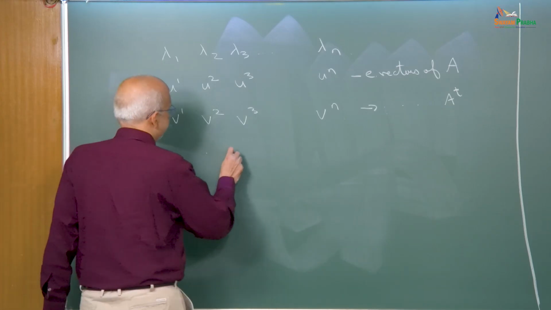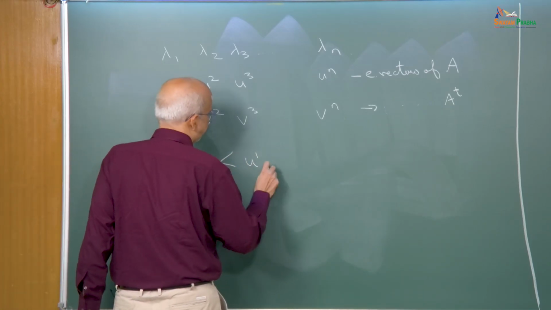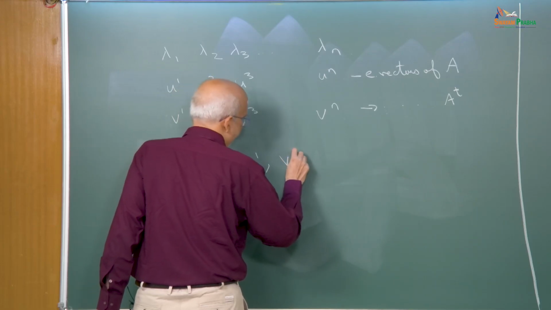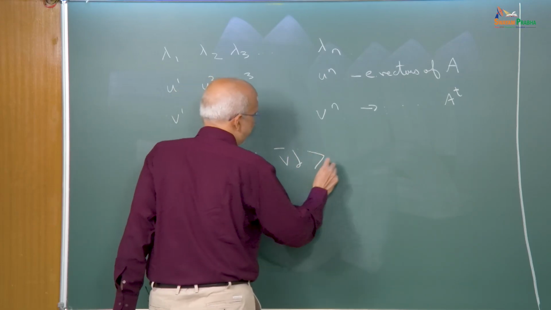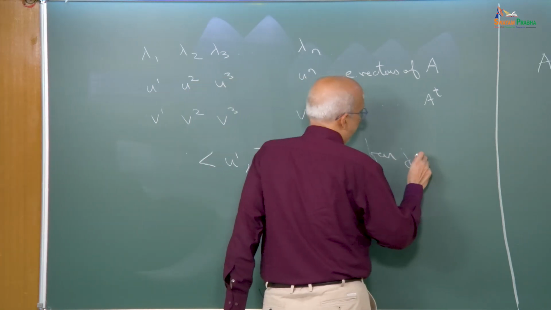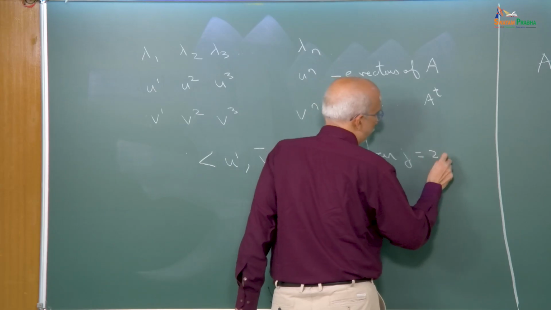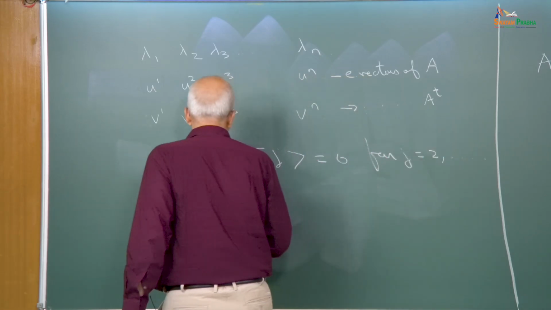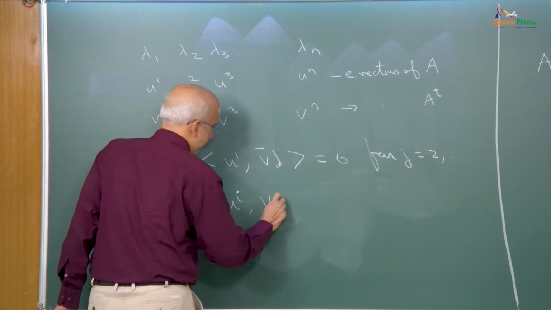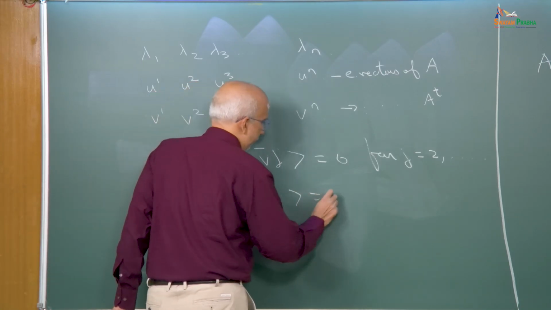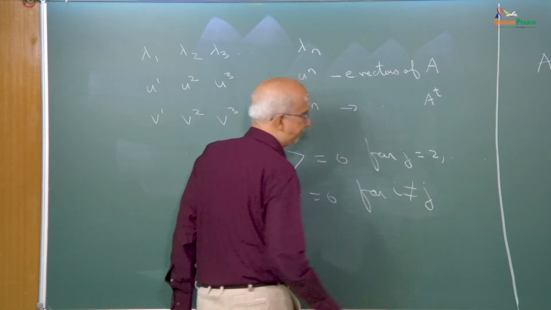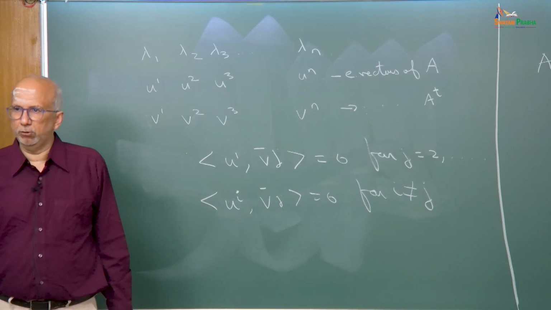I am saying the inner product of u1 with Vj bar equals 0 for j equal to 2 onwards, or I can write the inner product of ui with Vj bar equals 0 for all i not equal to j.